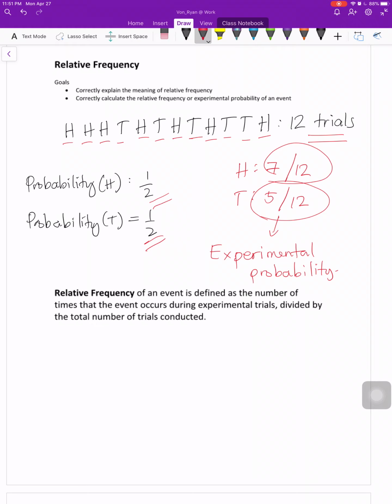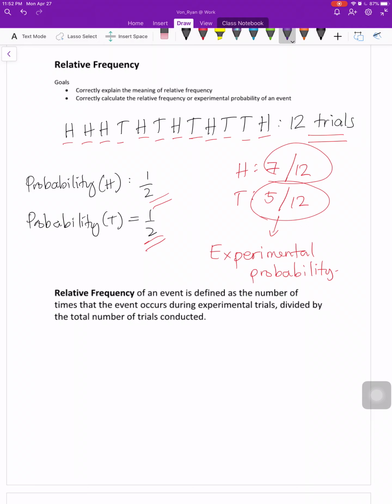Experimental probability is also known as relative frequency, and the definition is shown here. The relative frequency of an event is defined as the number of times that the event occurs during experimental trials divided by the total number of trials conducted. If I'm going to write that as a formula, I'm going to use a different color.